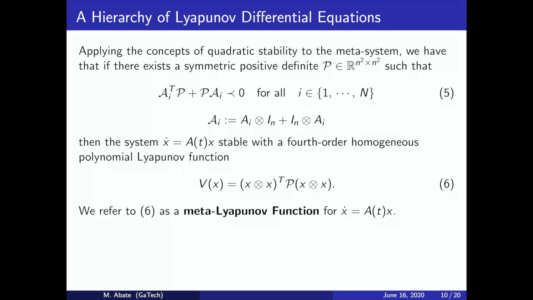To reiterate, certifying the stability of the metasystem with a quadratic Lyapunov function identifies a higher-order homogeneous polynomial Lyapunov function for the initial system, and thus can be used to certify its stability. We refer to such Lyapunov functions as meta-Lyapunov functions for the system x dot is equal to ax because they are constructed from the higher-order metasystem.